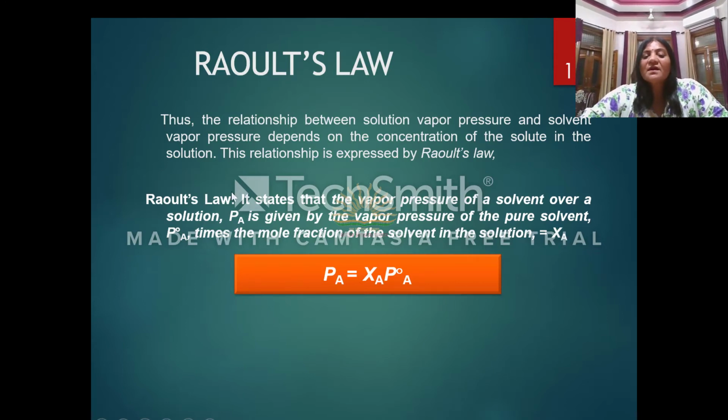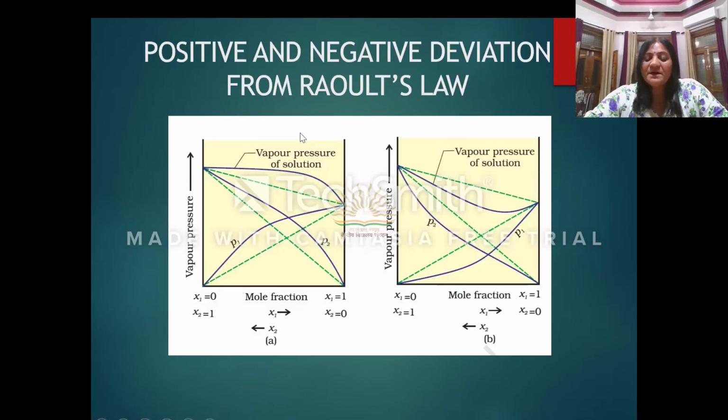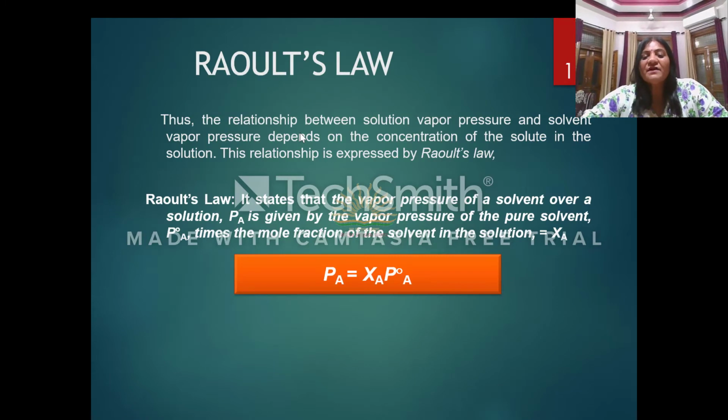Or in other words, we can say the partial vapor pressure of the component, that is PA, is directly proportional to the mole fraction of that component. Partial vapor pressure means the pressure of one of the components in the solution.